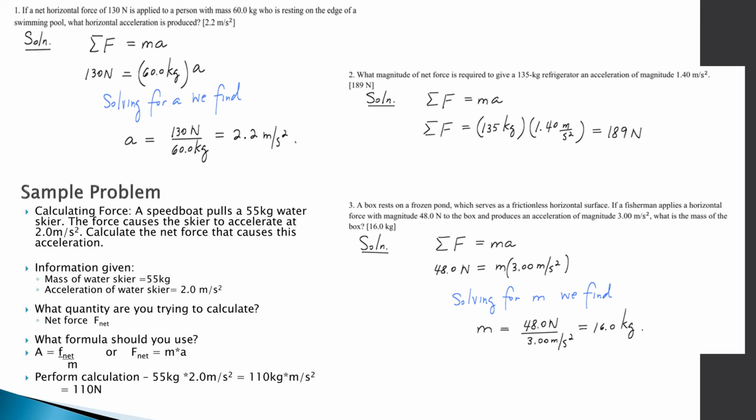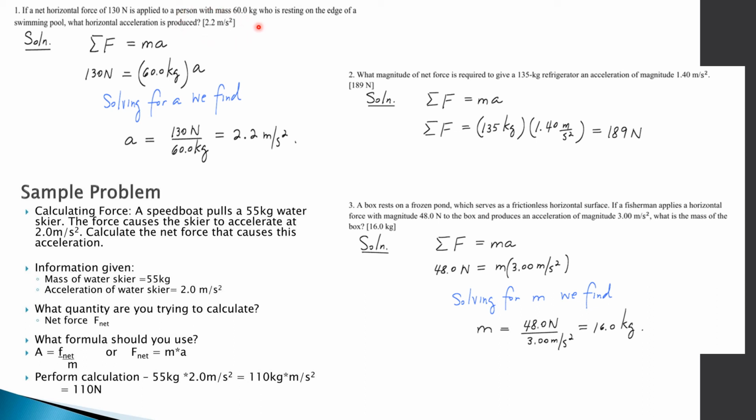So we have here some problem solving examples. First, if a net horizontal force of 130 newtons is applied to a person with mass 60 kilograms who is resting on the edge of a swimming pool, what horizontal acceleration is produced? So the answer here is 2.2 meters per second squared.